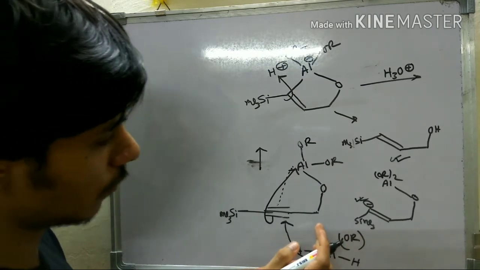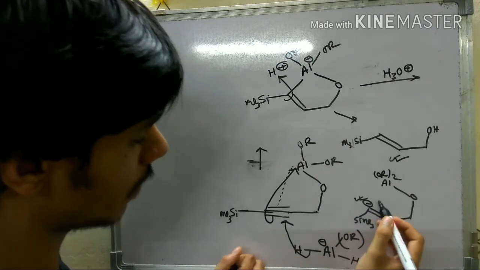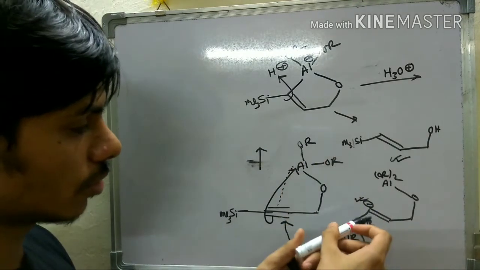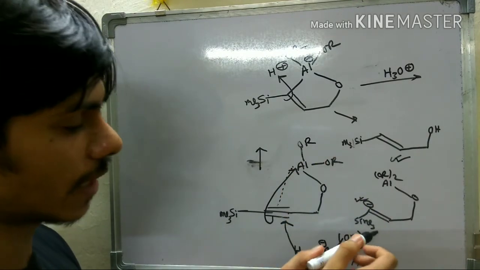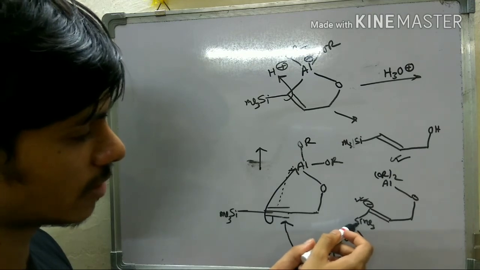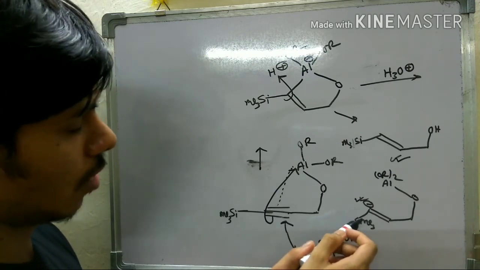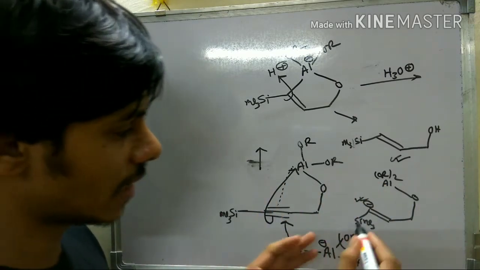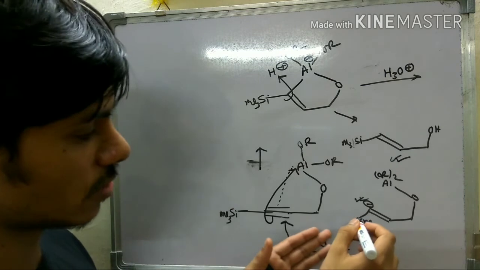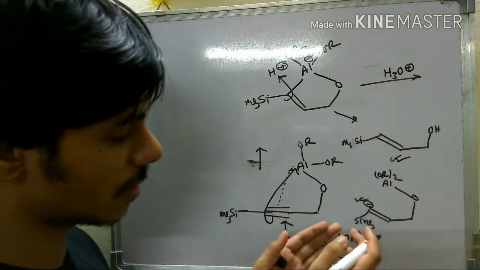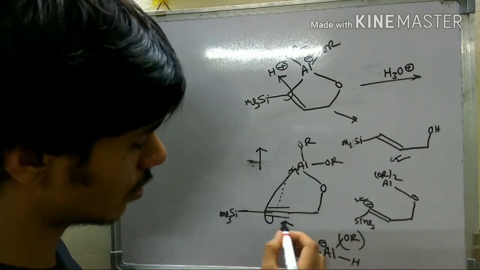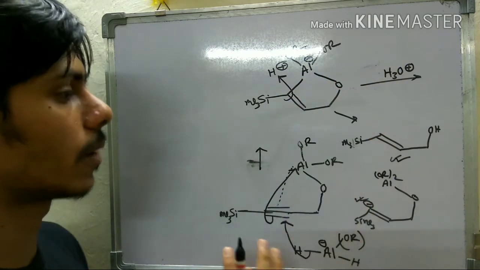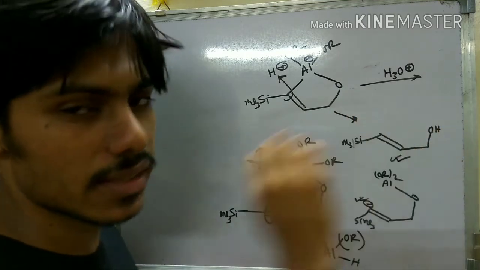Although it will form in an sp2 orbital, initially it will be in the p orbital, and after formation it will go into the sp2 orbital. But silicon has d orbitals, so it can also stabilize. Basically whenever you have a negative charge adjacent to silicon, it can be stabilized by the silicon atom. And also due to the formation of this five-membered intermediate, this reaction is favored in this particular pathway, so that will give you this trans double bond.